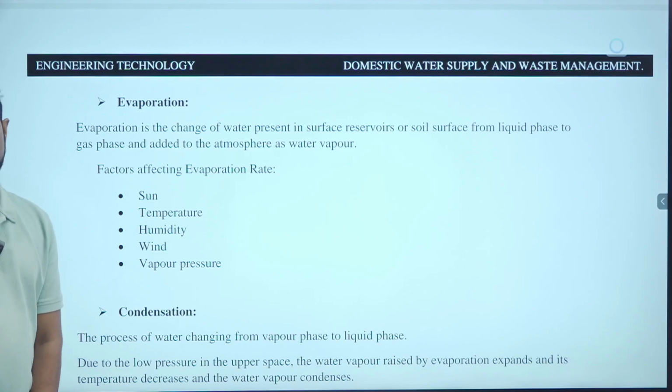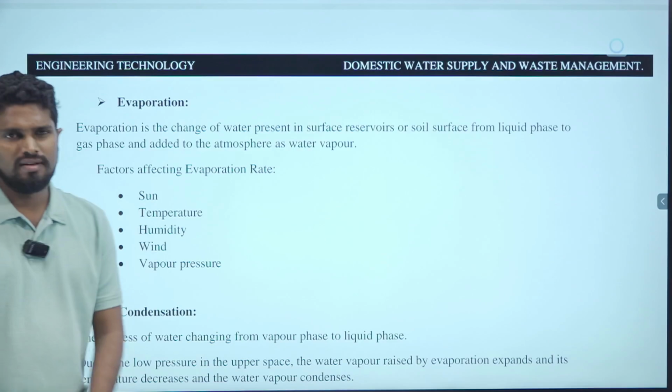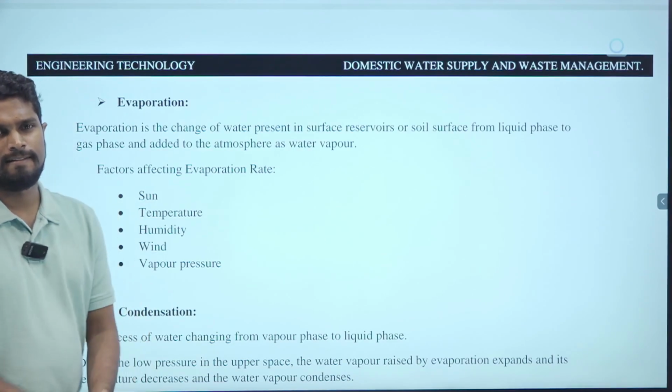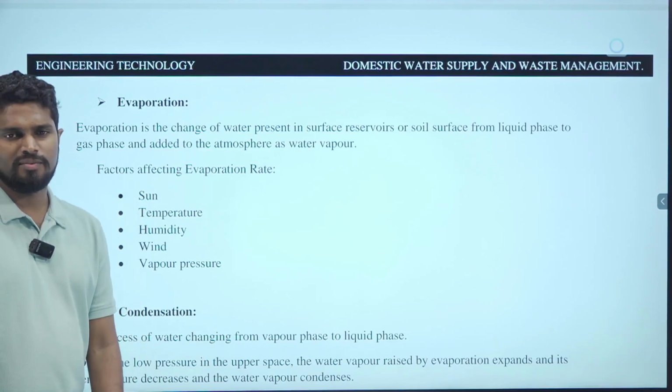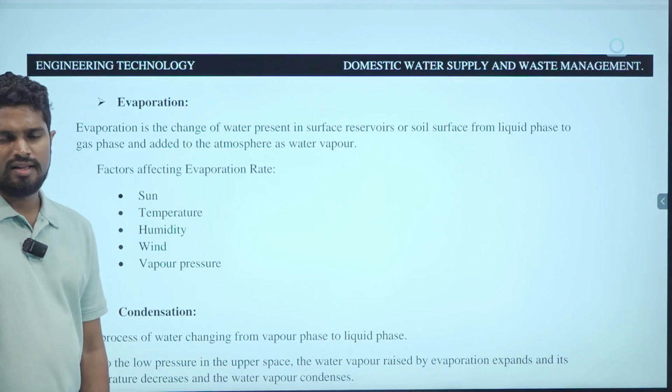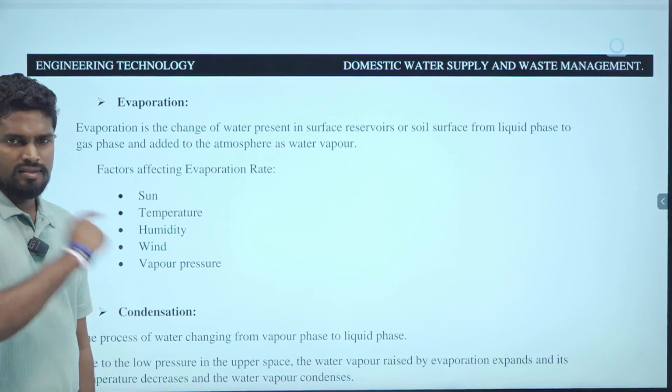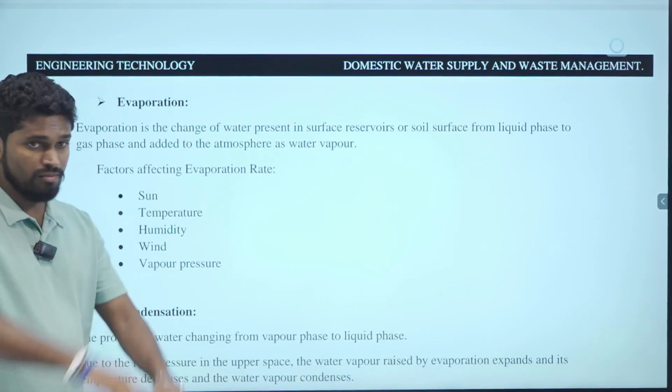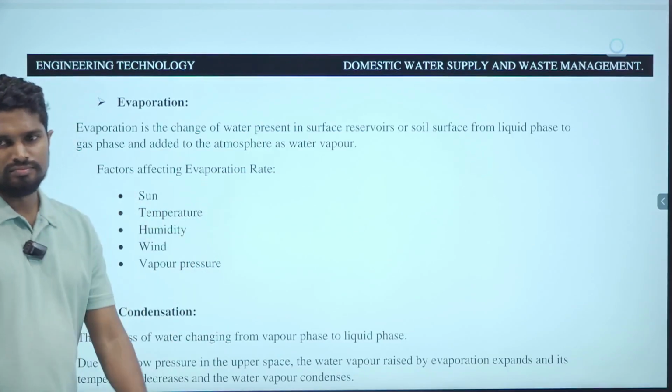Vapor pressure is higher. I am asking you guys, what happens to the evaporation rate? What happens to the evaporation rate? Vapor pressure means the pressure in the atmosphere is high.